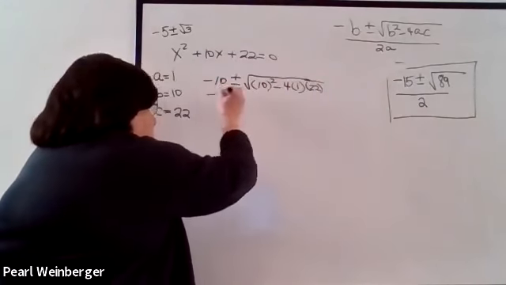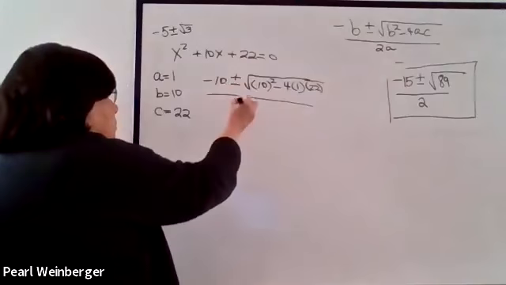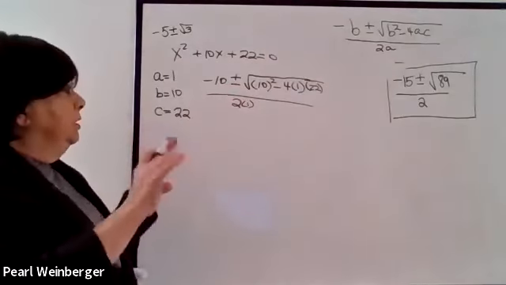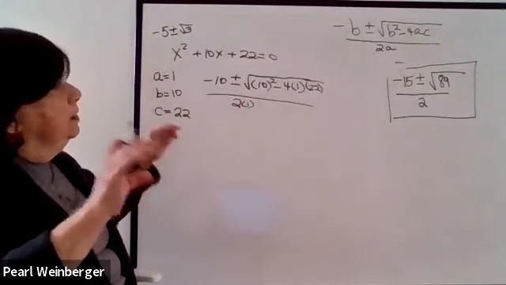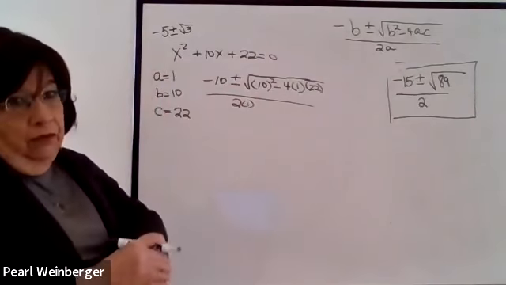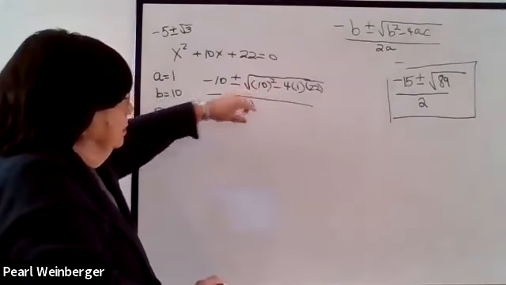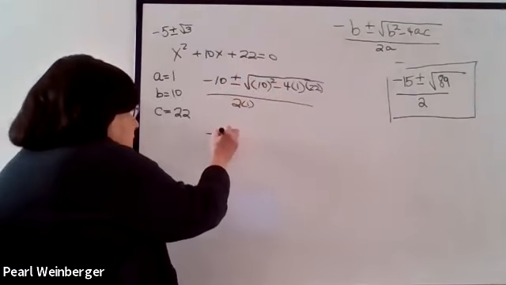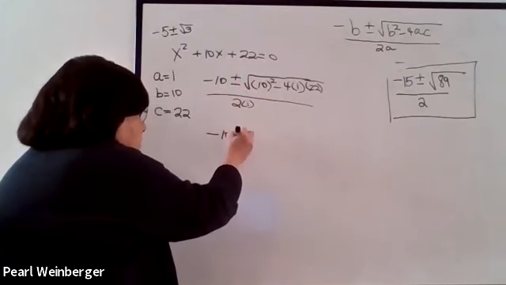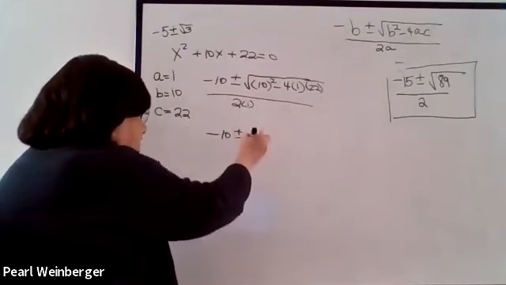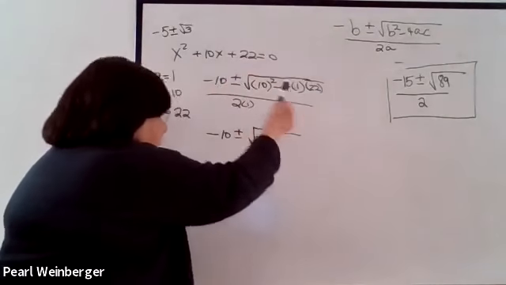And this is all over 2 times 1. Again, step 1, just take your A, B, and C and stick it into the formula. And as I told you, the first thing we want to do is simplify what's inside of this radical. So I leave this -10 plus or minus.